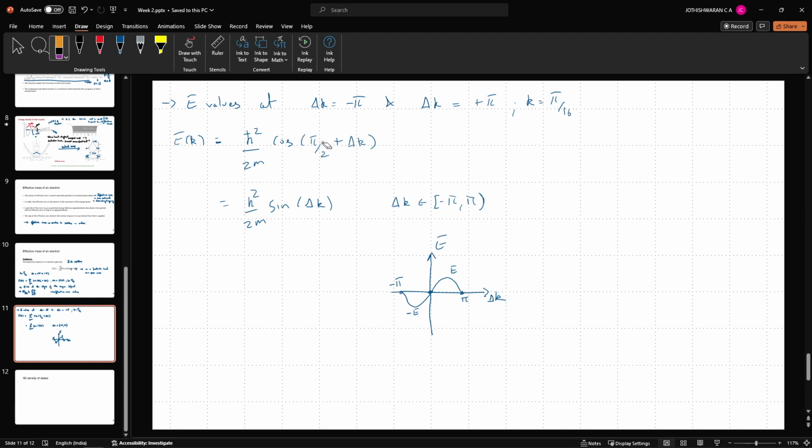Now all of this is defined with respect to some k naught. So in the k region, this is E versus delta k, whereas in E versus k space, this will be centered at pi by 16. It will be over here. Okay, so this point is pi by 16.